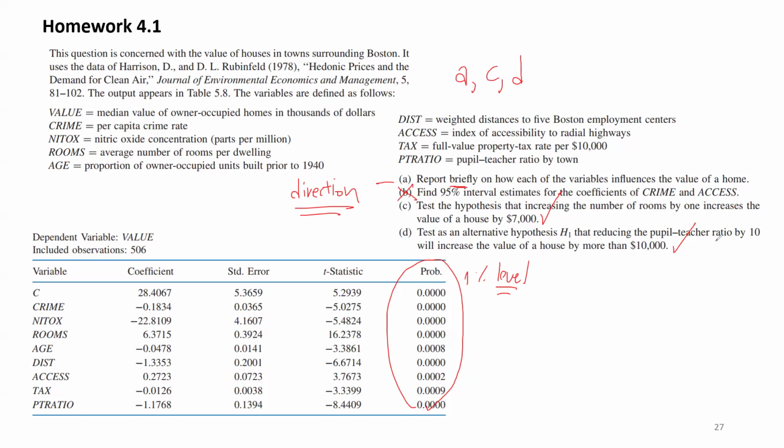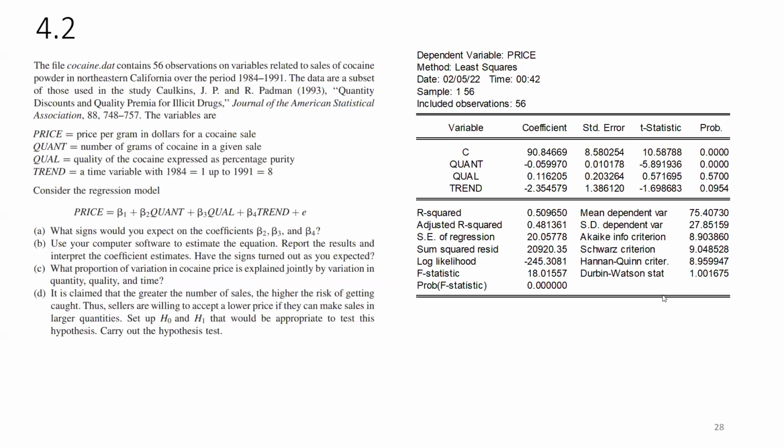Okay, so 4.2. 4.2 is like a computer exercise. So I provide you the cocaine.work file, which contains 56 observations, depending on the number. This is the data on the price of cocaine.